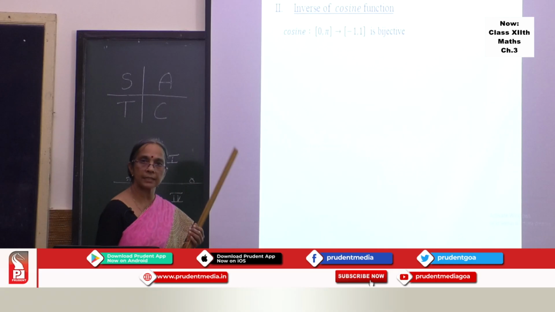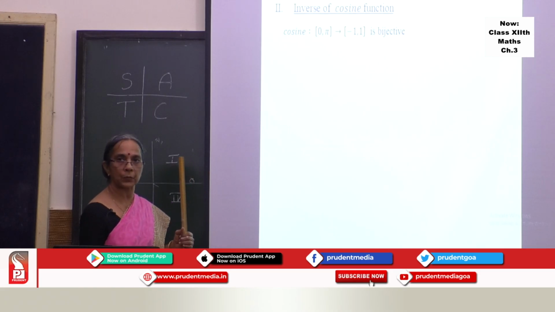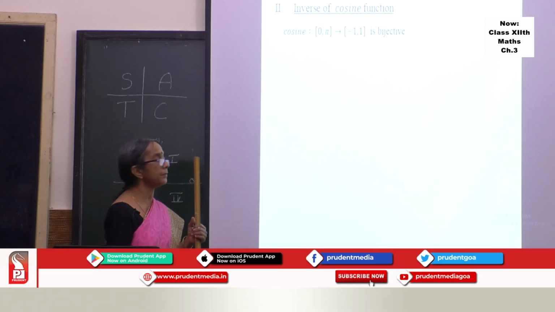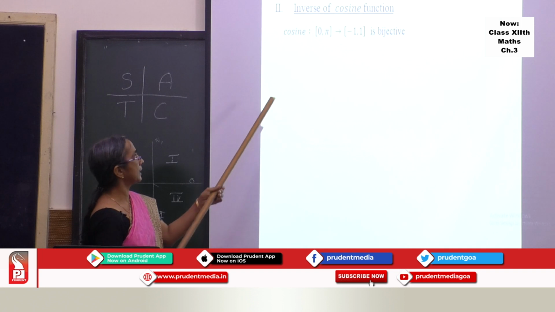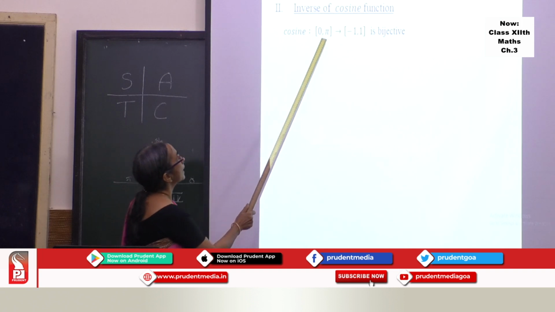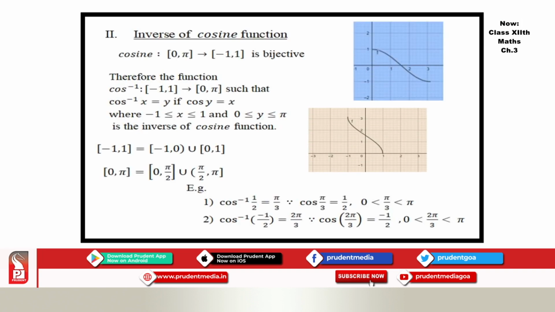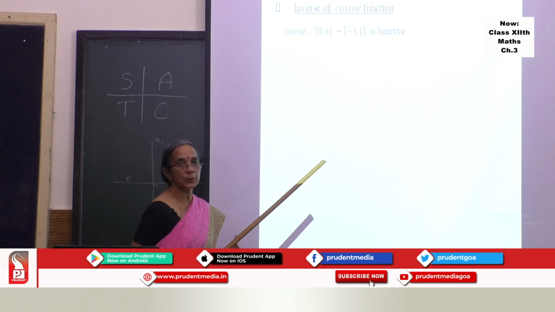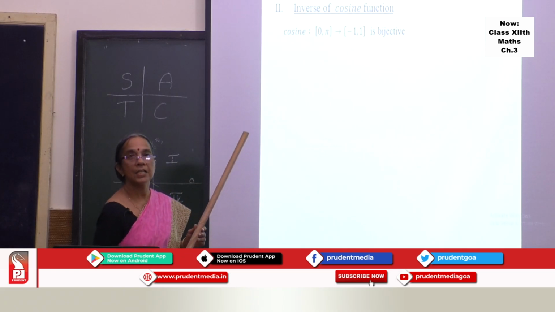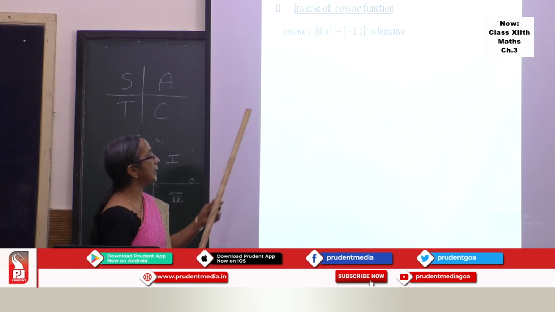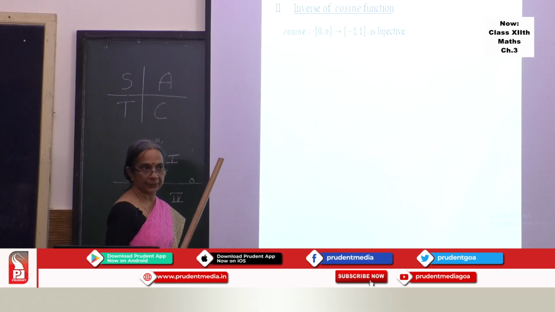The cosine function, like the sine function, when you take R to R, is not injective or surjective. So, we have to take the closed interval 0 to pi as domain and the closed interval minus 1 to 1 as codomain to make it bijective.